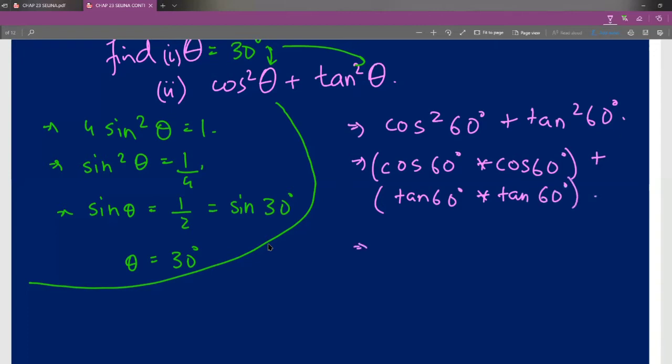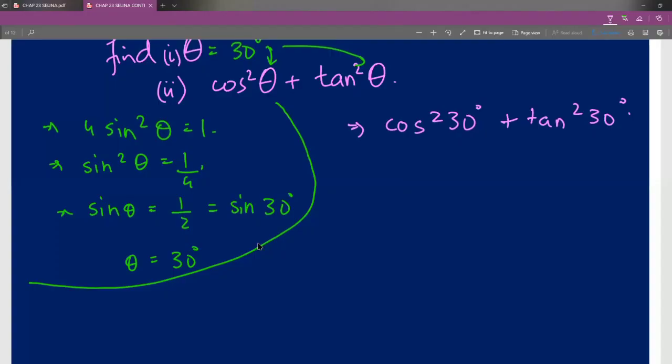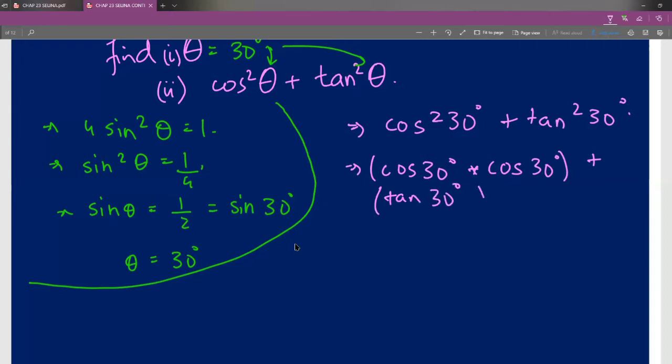So over here cos square 30 degree can be written as cos 30 degree into cos 30 degree, plus tan square 30 degree, that can be written as tan 30 degree into tan 30 degree.